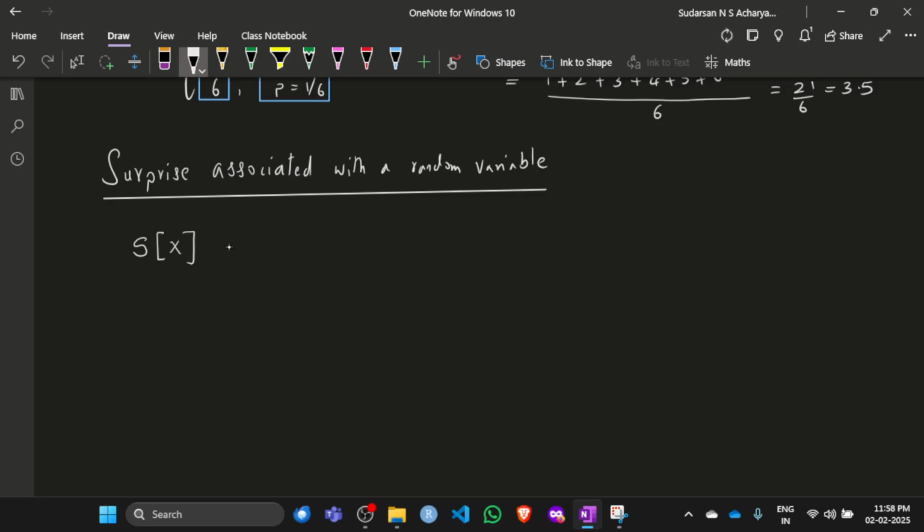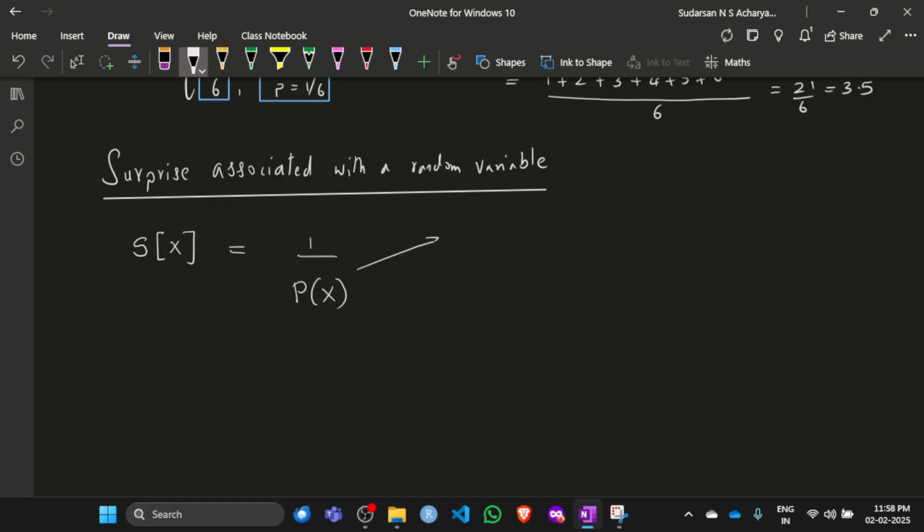I'm going to say this is equal to 1 over P of X. What is P of X? P of X is the probability that the random variable takes the value X. So here I'm keeping X random, but then we can talk about the die, and then we can talk about the surprise associated with each roll that it's going to show up, right?